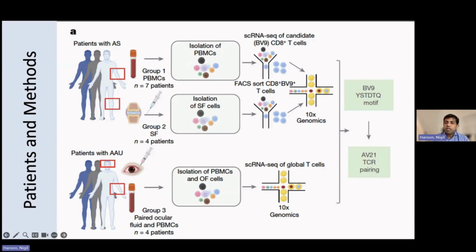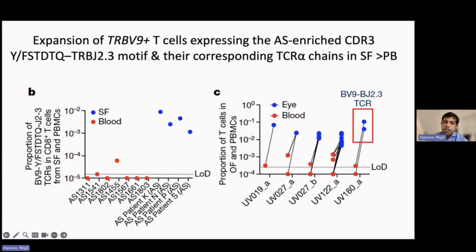What they found was an expansion of a particular T cell called V beta 9 T cell, with a particular motif with a beta chain and an alpha chain. That is, a specific T cell seemed to be expanded, just like we saw in the previous study done by Dr. Inman. But this team was more specific and identified a specific T cell that seems to be expanded. And you can see that the expansion is more in the tissues compared to blood.